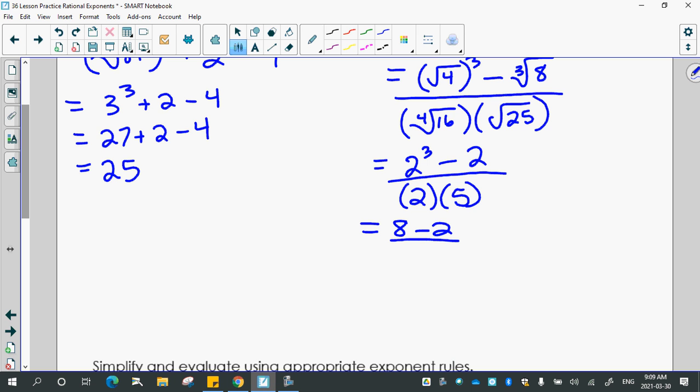Take away 2 over 10, which gives me 6 over 10. That reduces, because you can divide top and bottom by 2, to 3/5. So it took a lot of steps, but it wasn't too hard. Okay.